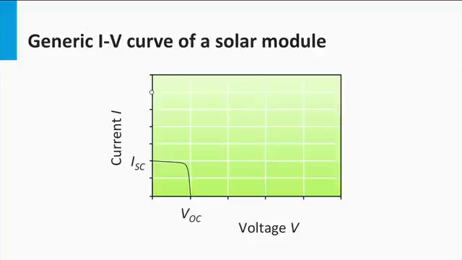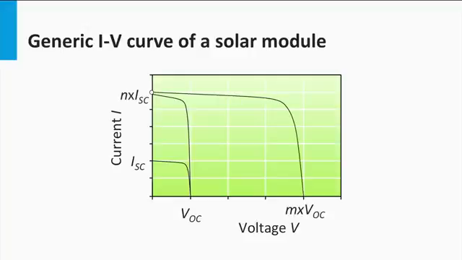You will remember that the voltage and current characteristic for a module with M identical cells in series and N identical cells in parallel will look like this. The current multiplies by a factor of N due to parallel connection, and the voltage multiplies by a factor M due to series connection.